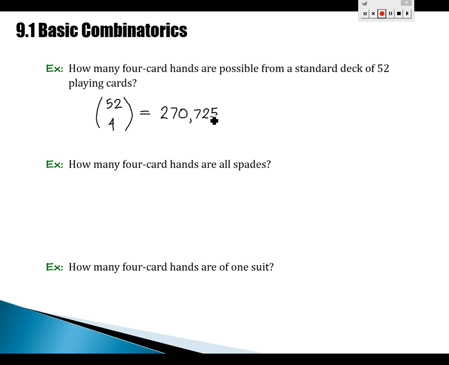No. Not just out of the 13. You wouldn't do 52 with it. So 4 factorial. I already thought of that.